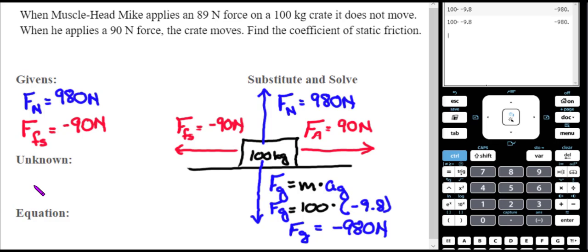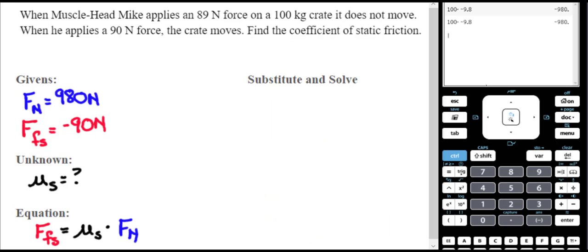The thing that I'm looking for is the mu static. I don't know what that is, and the equation that's going to help me figure that out is the force of friction static equals mu static times force normal. And this is known jokingly as the fun formula. In other words, my students point out that physics is fun, and I agree.